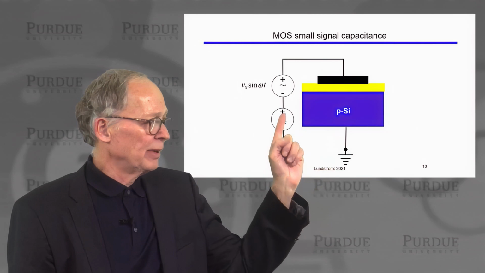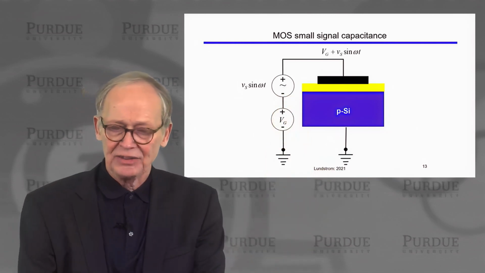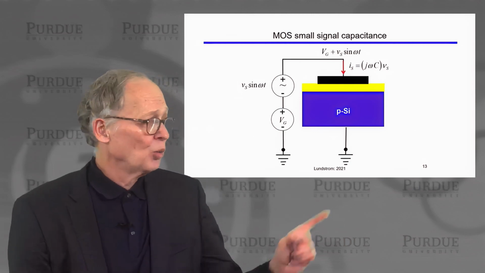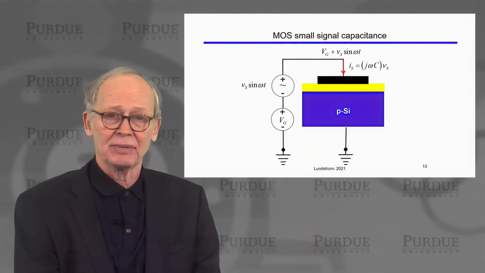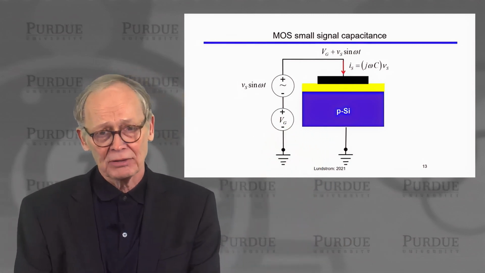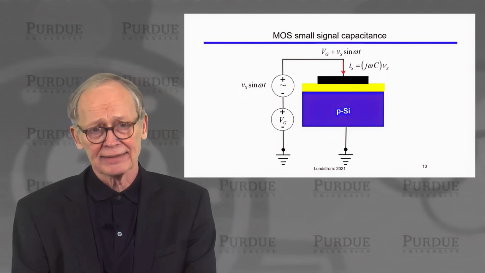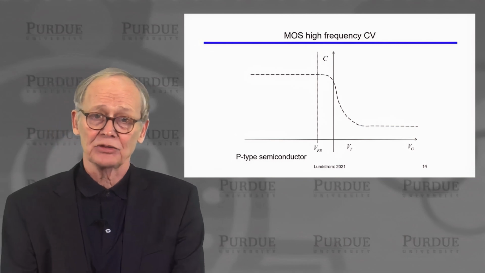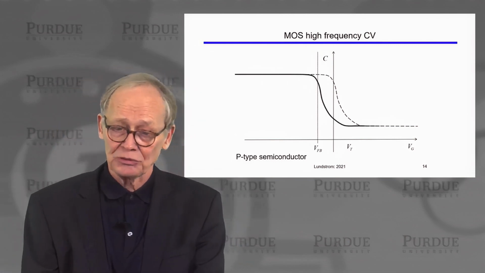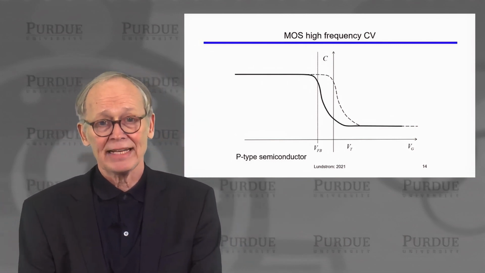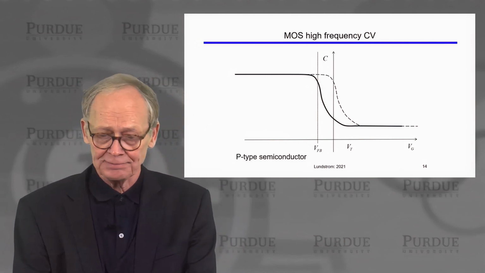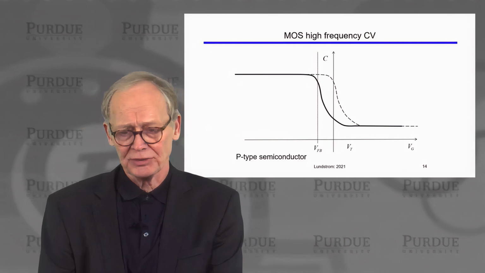We apply a DC bias, we measure the AC small signal current that flows in, and we deduce the capacitance as we vary the DC bias. So we get a small signal capacitance versus DC bias characteristic. For a p-type semiconductor, ideally it would look something like this. Real structures have some finite negative, typically, flat band voltage for a p-type semiconductor. So it is simply shifted.